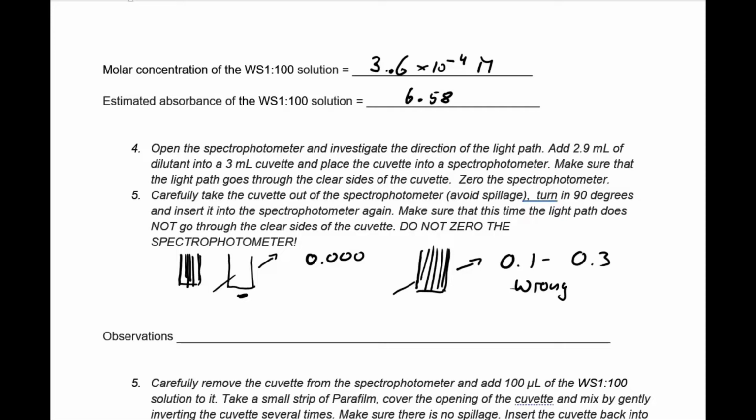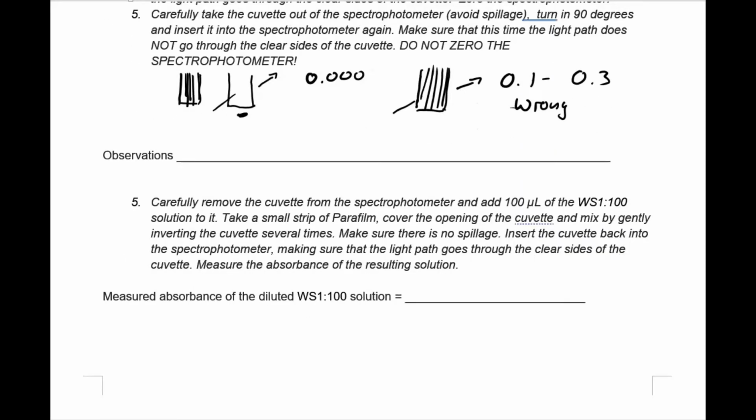So if you are not quite sure how the light goes into a spectrophotometer, just try out the two directions for the cuvette. Just measure what your absorbance is, and then take out the cuvette, turn it around 90 degrees, and if the absorbance is now higher than it was before, then this is the wrong way because the light is absorbed by this ridged side.